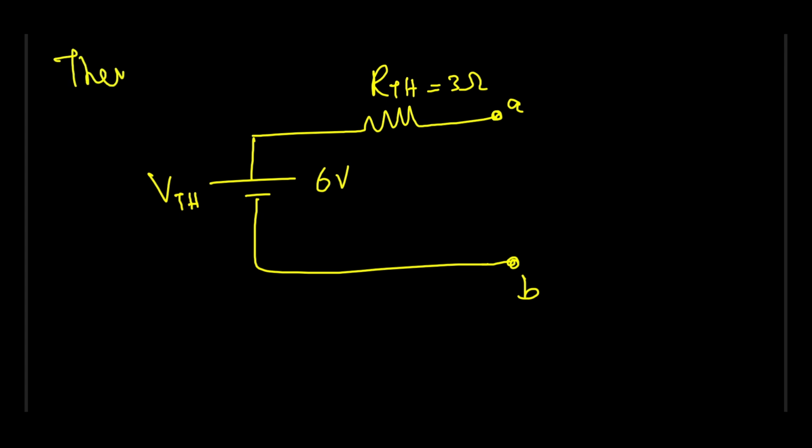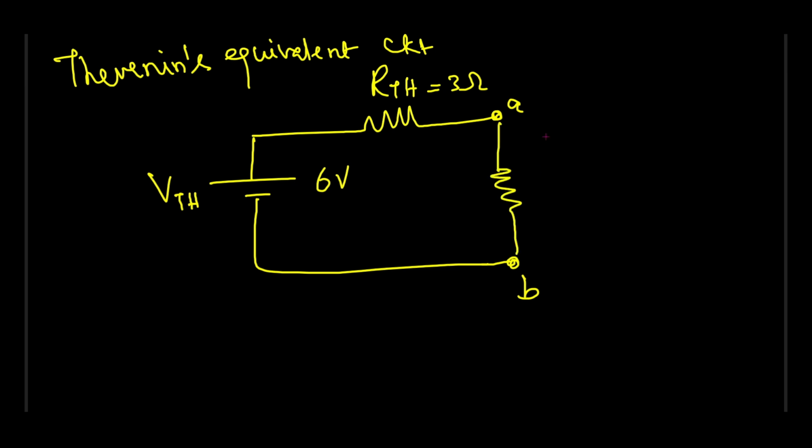This is your Thevenin's equivalent circuit. But the thing is, we need to find out the current which is flowing through this. That current is given here as I. This is your load resistance and that value is already given in the problem as 1 ohm.